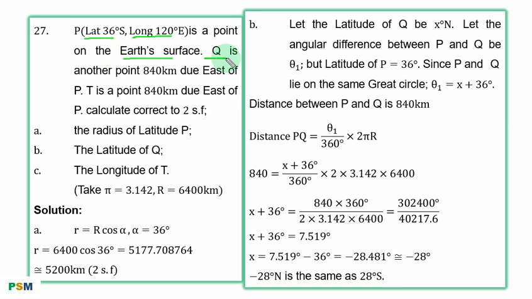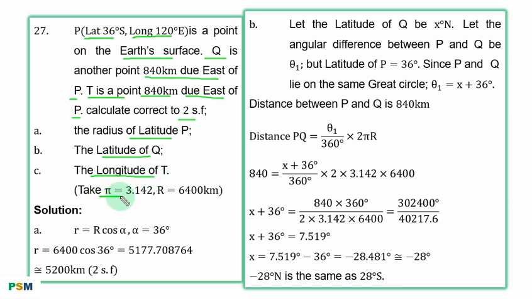Q is another point 840 kilometers due east of P. T is a point 840 kilometers due east of P as well. Calculate, correct to 2 significant figures: A, the radius of latitude P. B, the latitude of Q. C, the longitude of T.